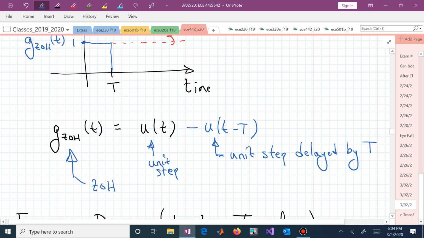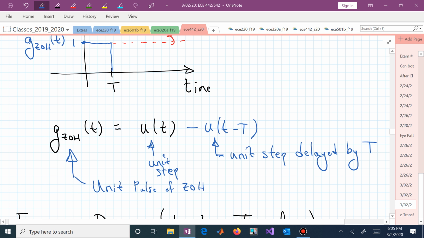This is now, well, let me call it the unit pulse. This is what would come out of this zero order hold, or this D to A operation: the unit pulse of a zero order hold.